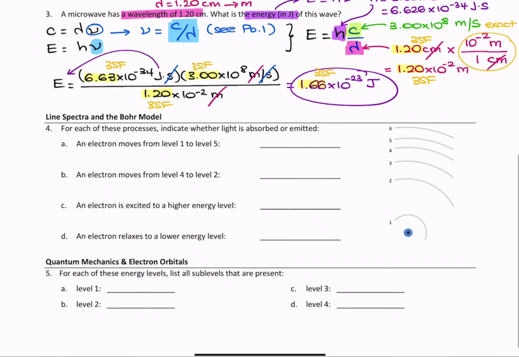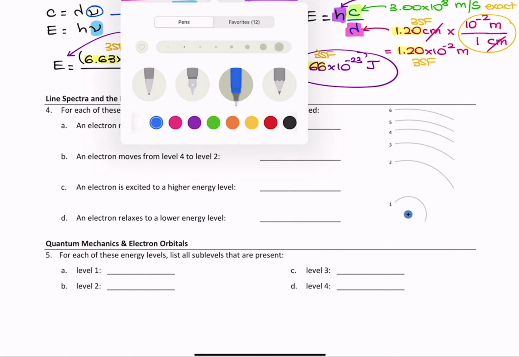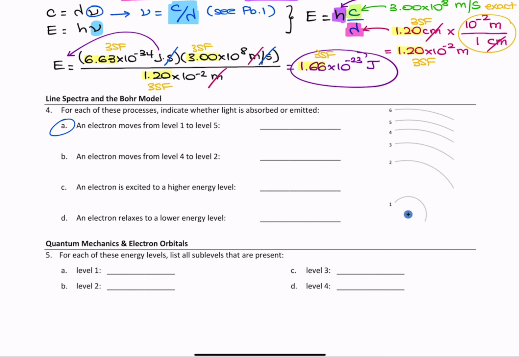Now, let's take a look at the line spectra and the Bohr model. For each of these processes, indicate whether light is absorbed or emitted. Let's look at the first one. An electron moves from level 1 up to level 5.